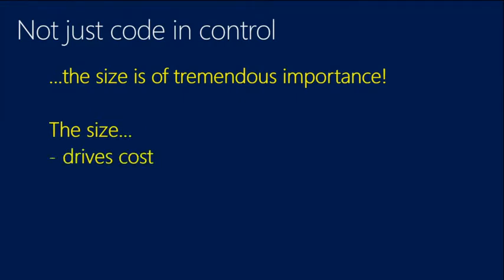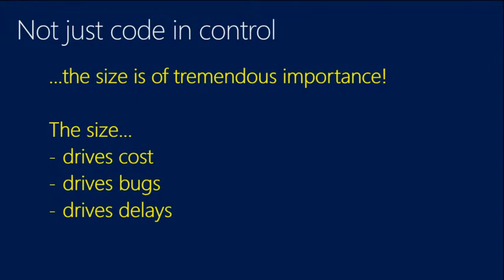If you have a larger code base, it automatically will cost more to maintain that piece. It drives bugs. If you have 0 lines of code, how many bugs will you probably have? And if you have more code, you will have more bugs. That's totally intuitive. It drives delays as well. We are slower working in that huge amount of code.